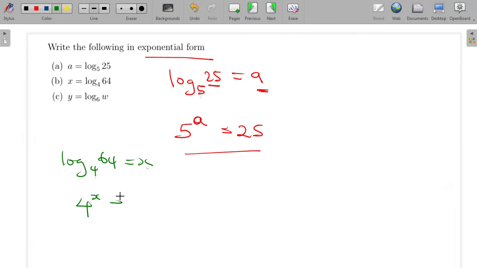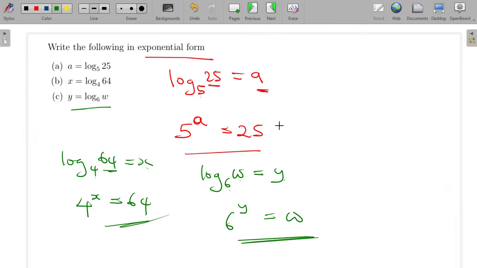Then this is going to be equal to the value there, 64. Then the next one, you have log base 6 of w is equal to y. So the base there is 6, the answer is y, and what we're equating to is just w. Just like that, you've written these in exponential form. Okay, are there any questions on how we do this?